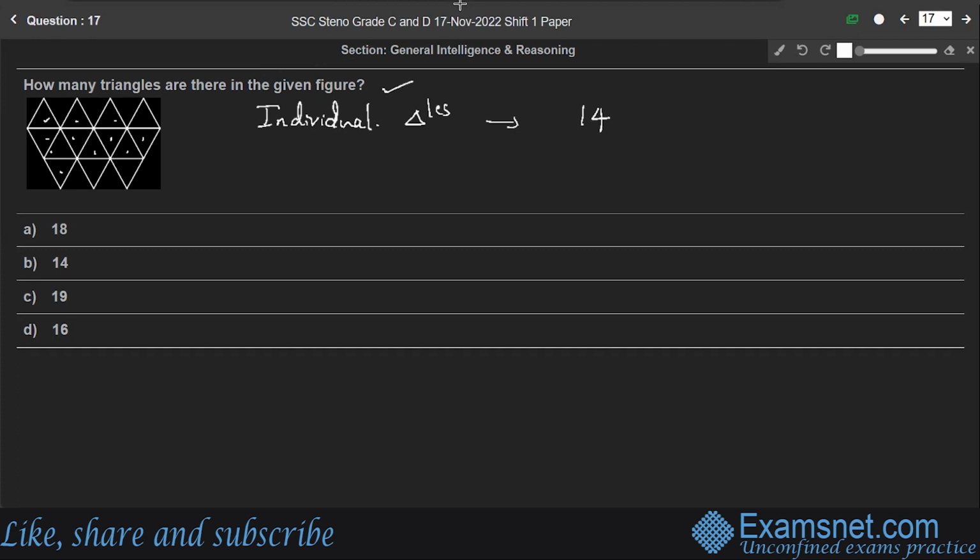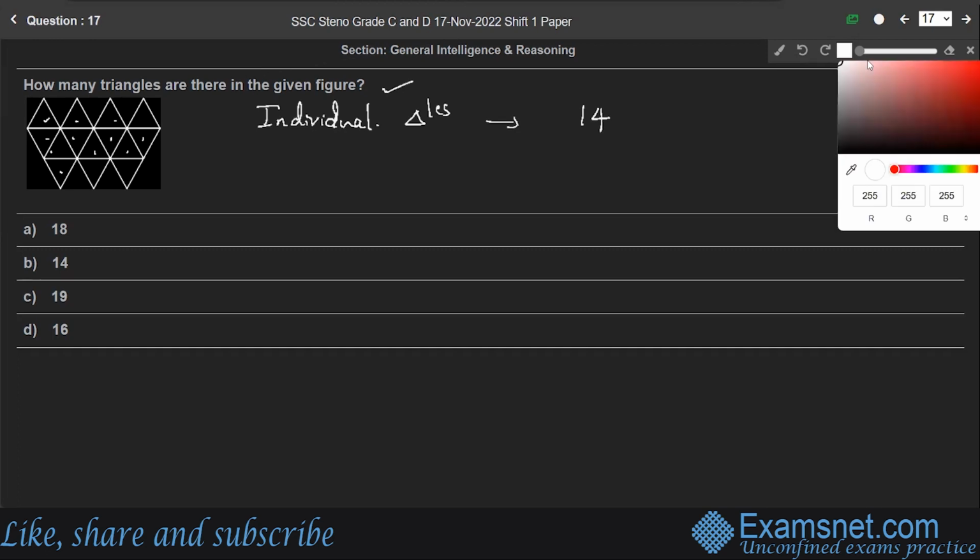Next, we'll consider a few triangles by adding one or more triangles, which I am showing in green line. This is one triangle, two triangles. So by adding four triangles, we have two. Next are inverted triangles, 3, 4, and 5.